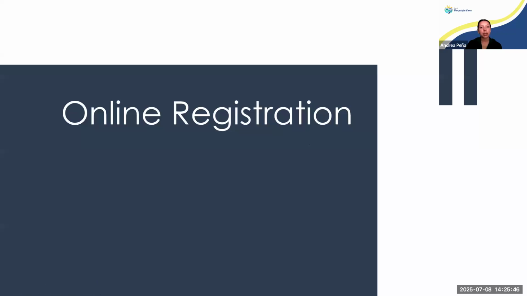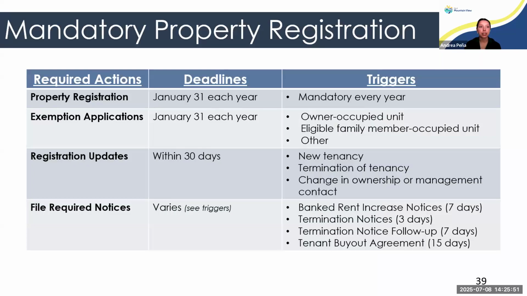Now we're gonna talk about online registration and how you can submit some of those required notices. So as you likely know, property registration exemptions are due January 31st of each year. That is done online on the portal. Registration updates, such as if there's a new tenancy, if there's a termination of a tenancy, or there's an ownership or management change, that needs to be submitted on the portal within 30 days of that change.